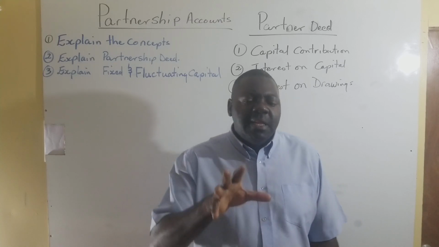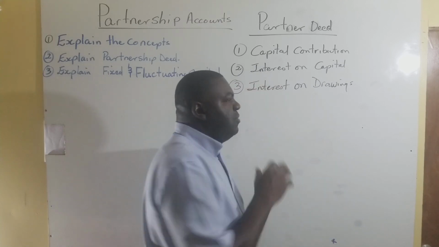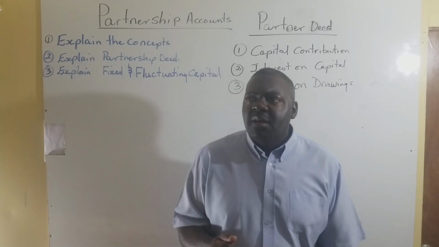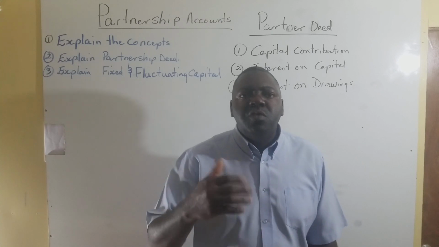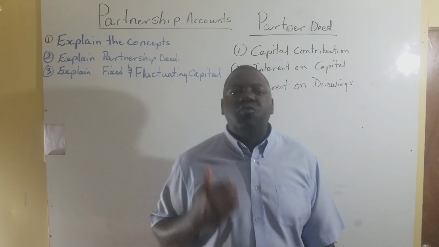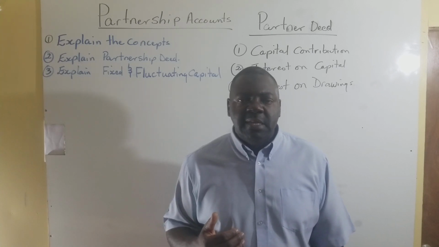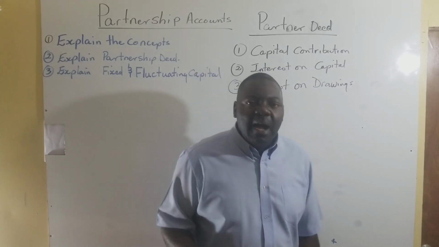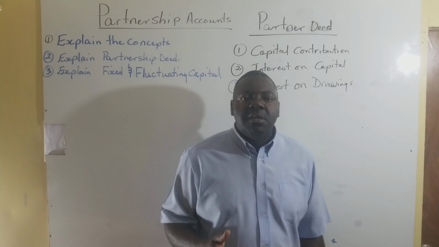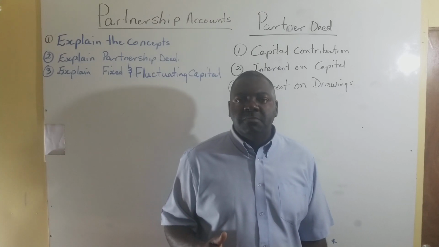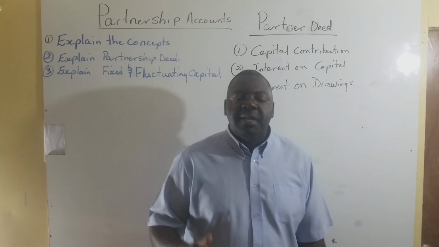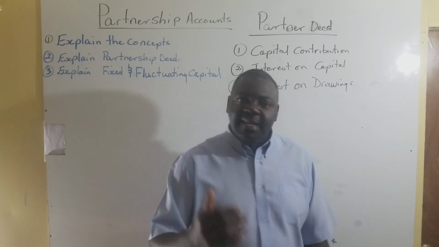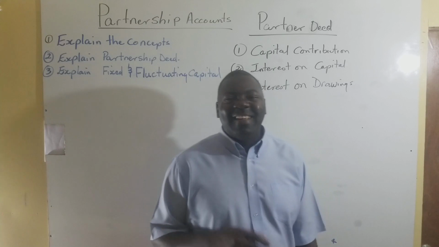This clause is really to put some control, or to reduce the likelihood of them taking too much out of the business. All right, so interest on drawings is charged on the amount of money or resources that is taken out of the business.